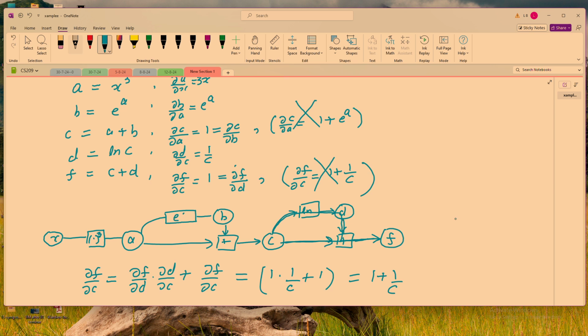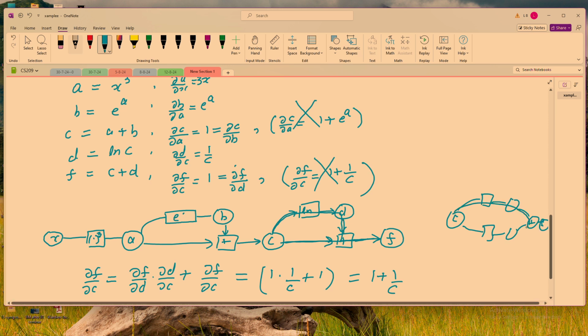In the earlier example which we had done, if you remember the first example which we did in the class, we had two paths going there, and we had done both of them. So the same thing has to be done here.